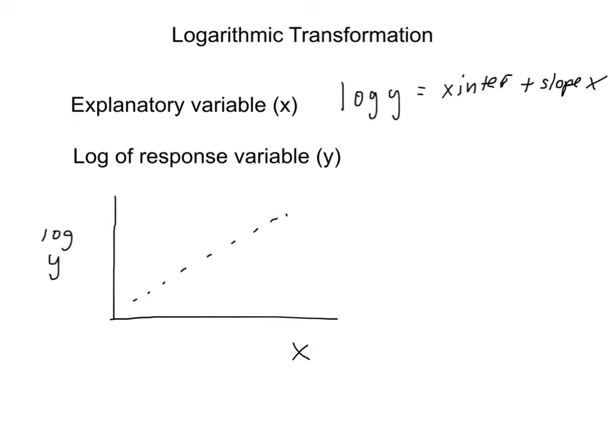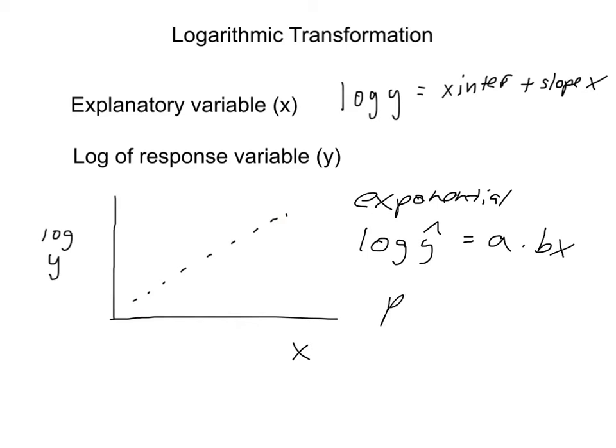If it's an exponential model, you're just going to take the log of y, so you're going to do log y equals a times b x. And if it's a power model, you're going to take the log of both sides, and you're going to end up with log y equals a times b log x.